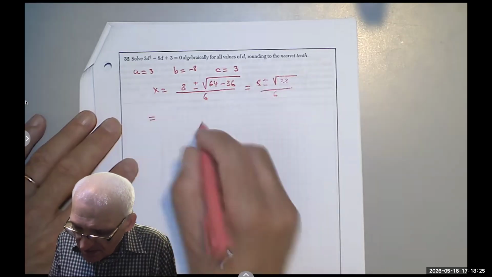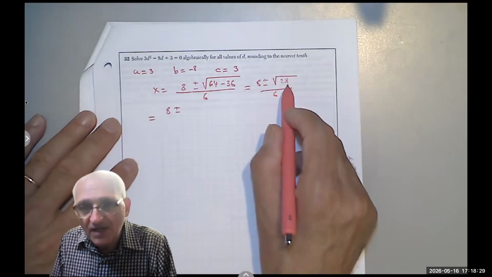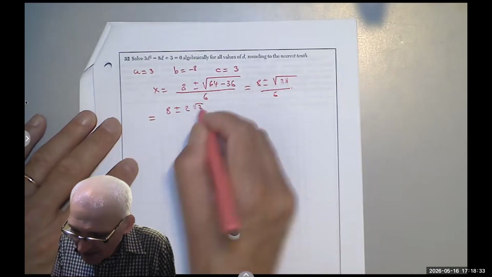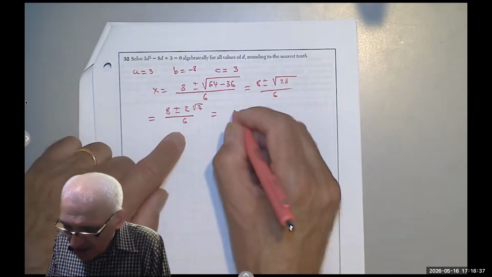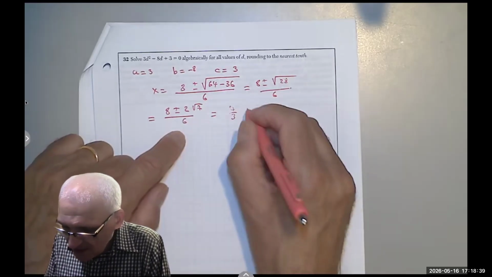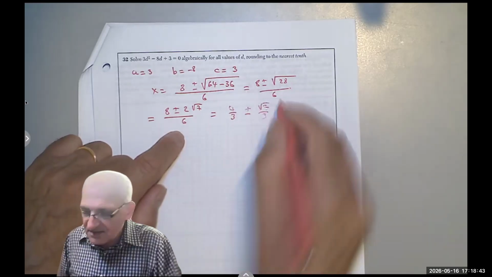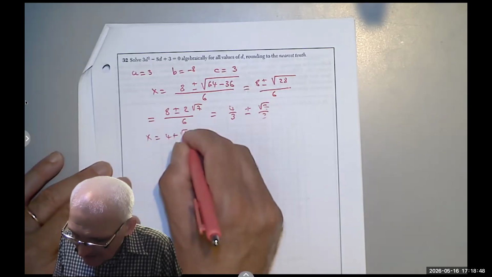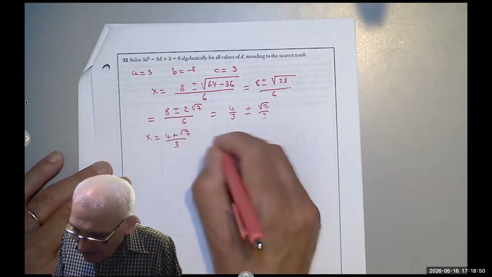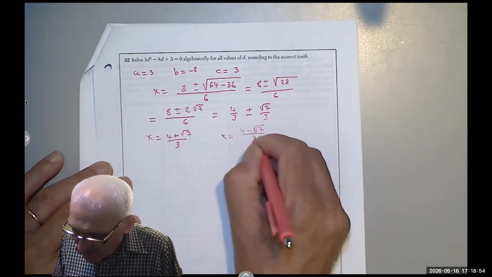So this is 8 plus or minus the square root of 28 over 6 equals 8 plus or minus 28 is 4 times 7, right? That 4, square root of 4 is 2. So 2 root 7 over 6. I can simplify that and say 4/3 plus or minus root 7 over 3. So x equals 4 plus root 7 over 3, or x equals 4 minus root 7 over 3.